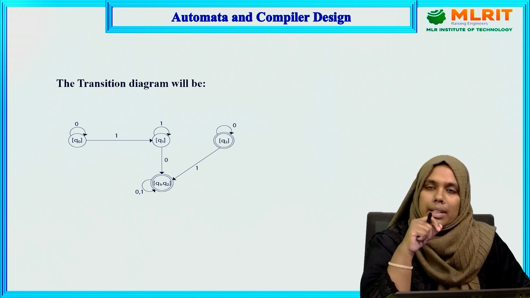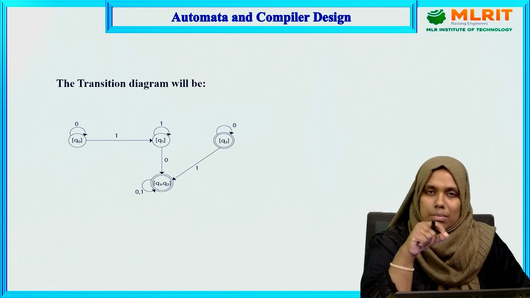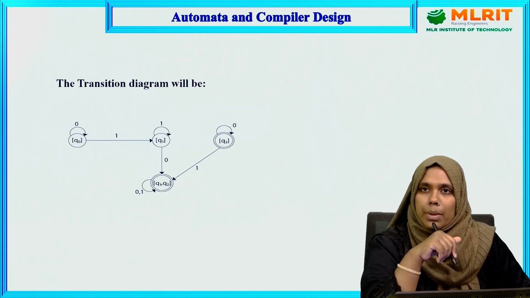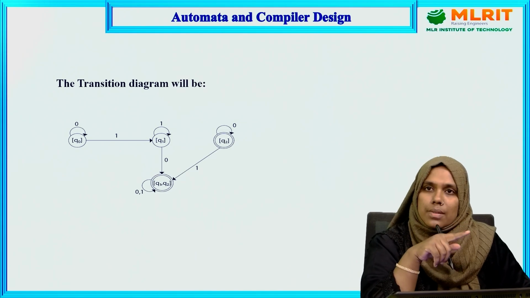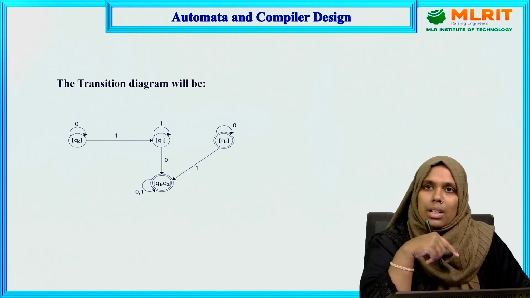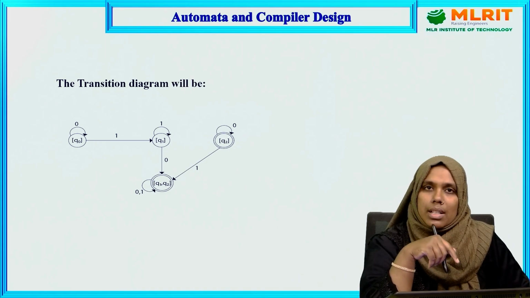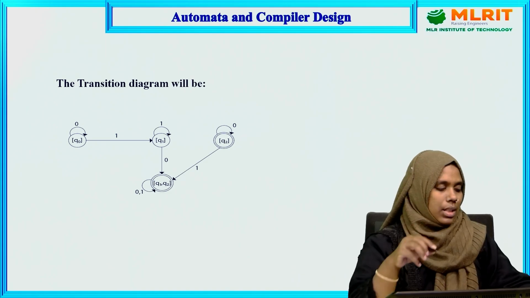If you get a new state, for the new state you have to write a transition with the input, whatever the input is given in the question. For example, here it is given with 0 and 1. So you have to find a transition with 0 as well as 1. Then once you get the transitions, if you don't find any new state, then simply you can stop there, write the transition table, and for that transition table, you have to write the transition diagram.